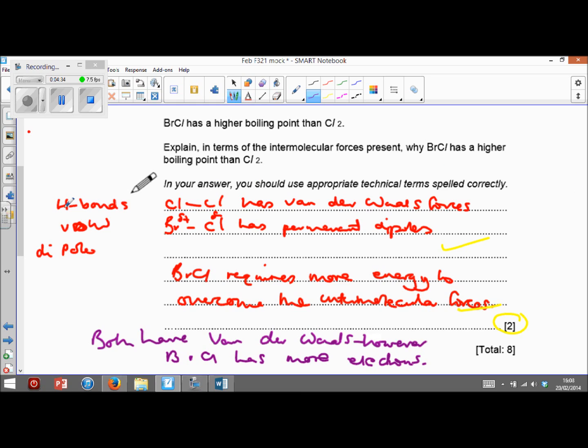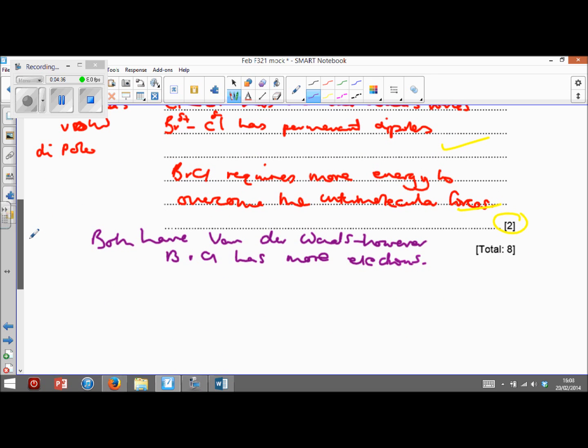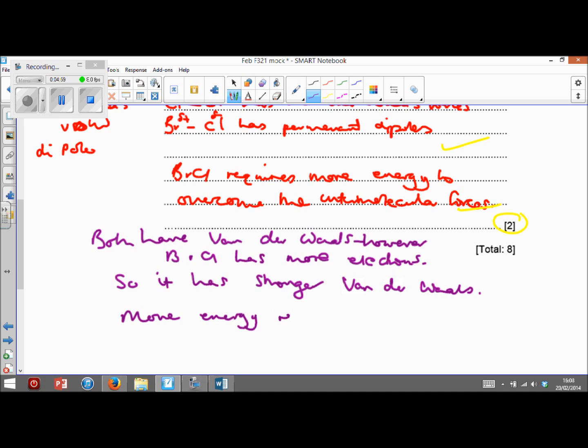So if it's got more electrons, it's got stronger, so it has stronger van der Waals forces. Okay, if it's got stronger van der Waals forces, more energy is required to overcome the forces.